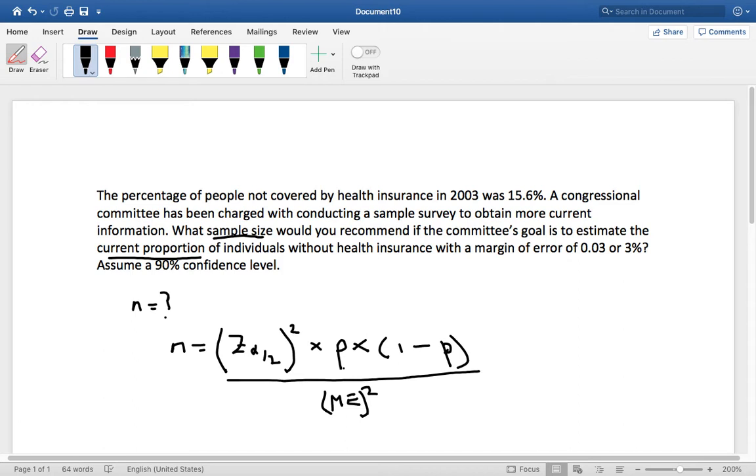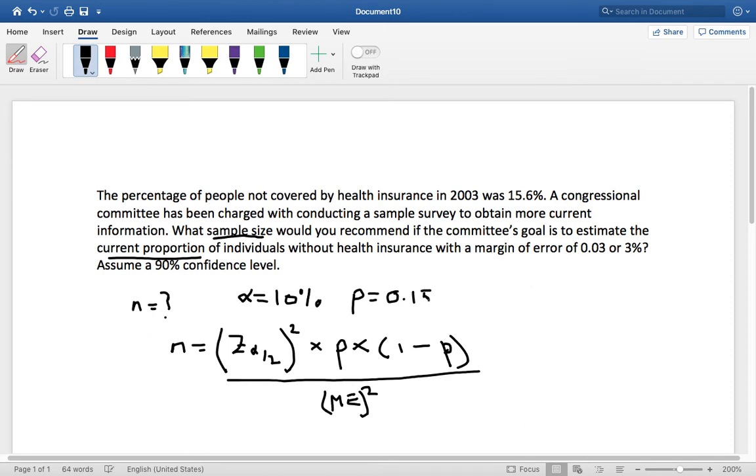So, well, 90% confidence interval, that means alpha is 10%. So I'm going to need that so I can work out z of alpha over 2. And we know that the proportion was 15.6%, so I'm going to use the proportion that I had, which is 0.156. Even though it's an old figure, I'm still going to use that.